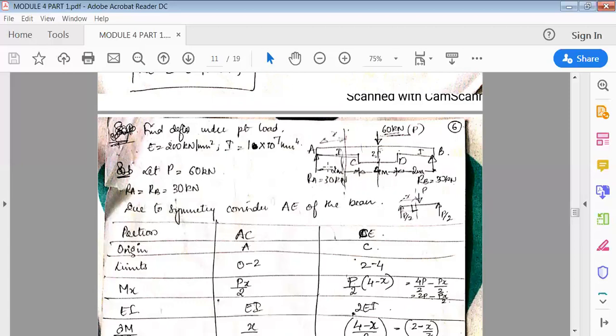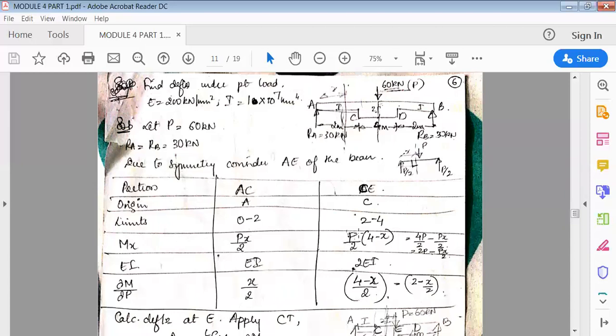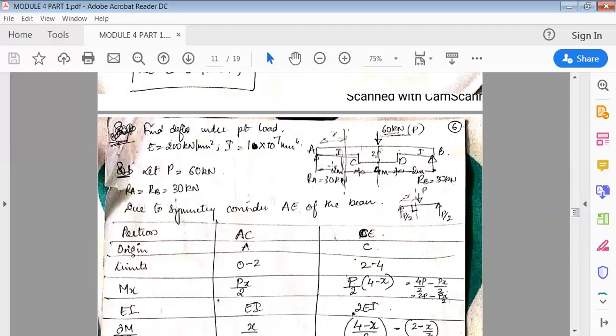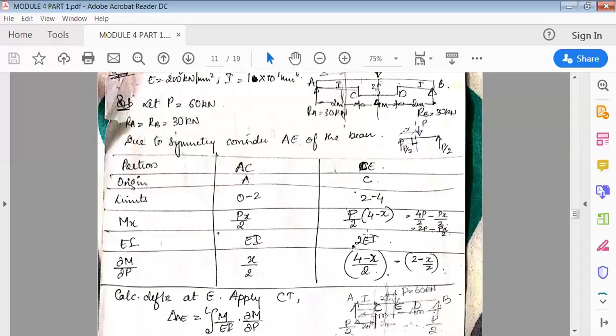So complete length is 2 plus 2, 4. It is 4 minus x distance. So it is P by 2, 4 minus x. Then EI value. EI value in AC is EI, but in CE it is 2 EI. So I have to put this here accordingly, 2 EI.